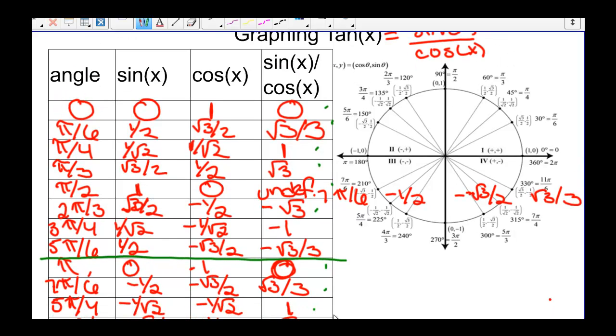So this tells me that my period for tangent is pi. Remember, for sine and cosine, our period was 2 pi. We repeated our values every 2 pi, but for tangent, we repeat every pi.